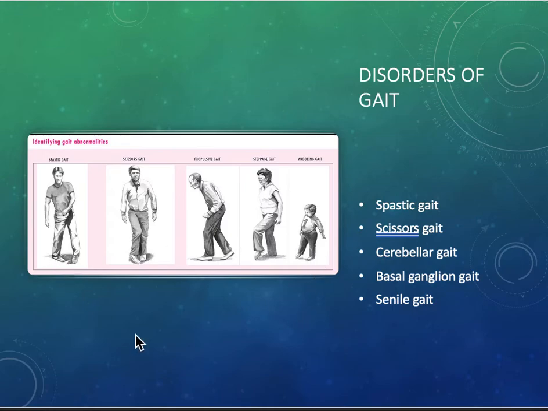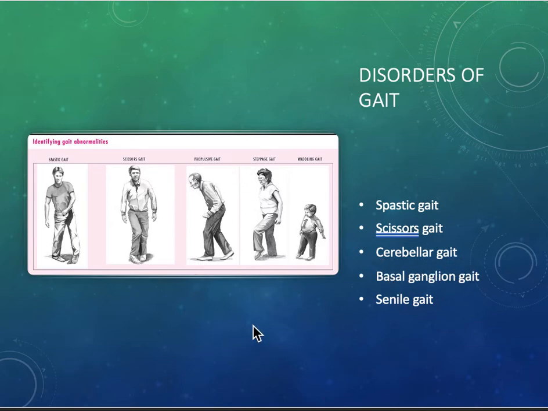The scissors gait here has to do with your legs actually crossing in front of them as they walk. So their legs will cross in front of them. The propulsive gait here is actually the basal ganglion gait that I have over here.